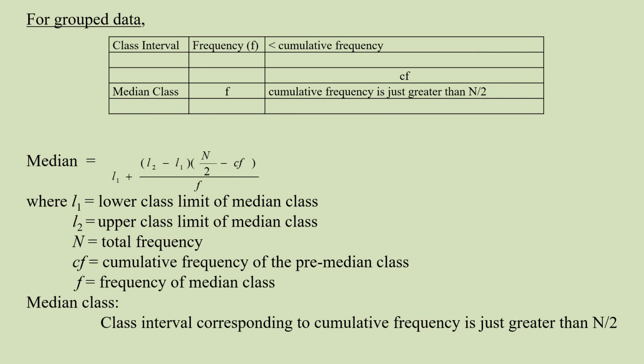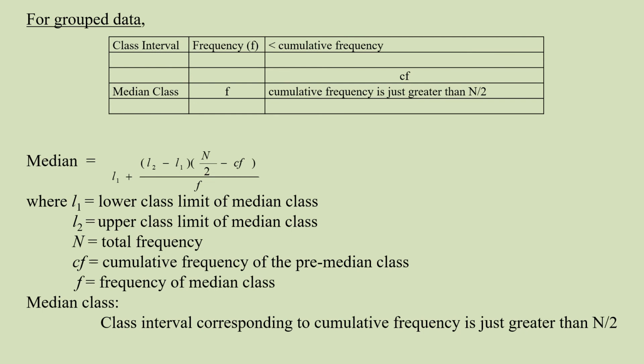where L1 and L2 are the class limits of the median class. Now, median class is obtained or identified as the class interval corresponding to the cumulative frequency just greater than n by 2. N is the total frequency.